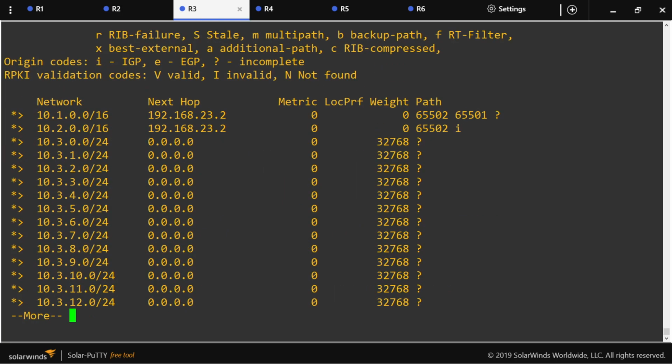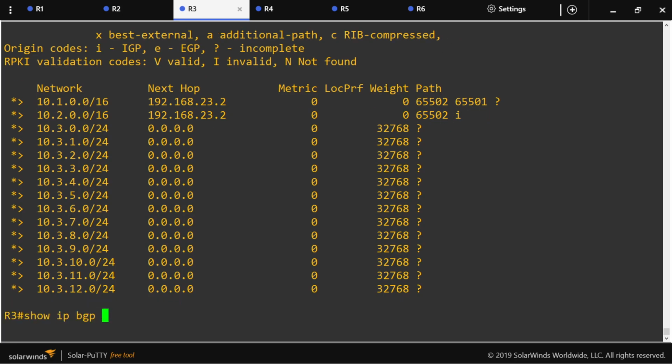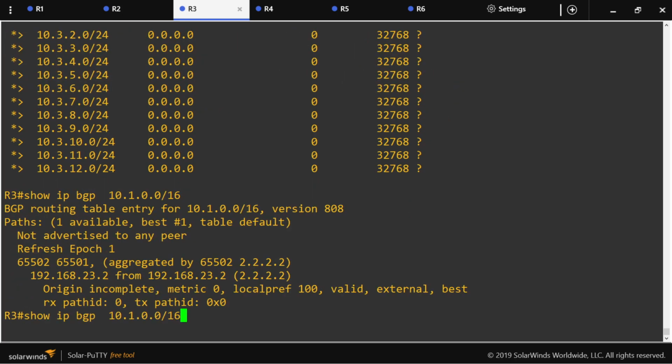So now I know that some of these prefixes that are included in this summary come from this autonomous system and from this autonomous system. So what happens if I issue this command to see the details?